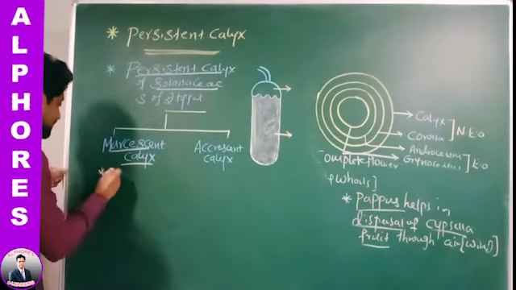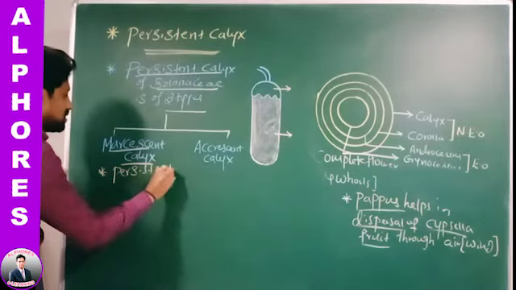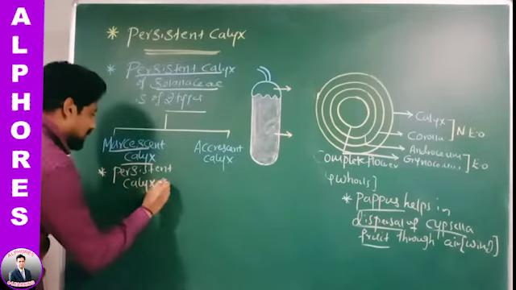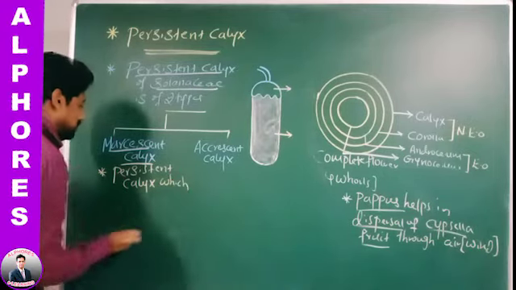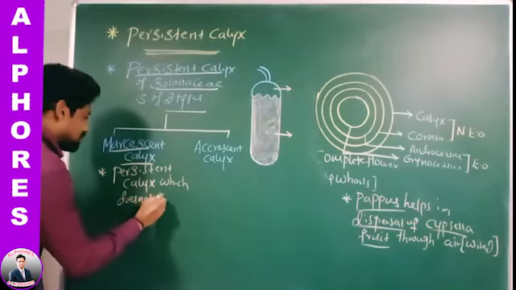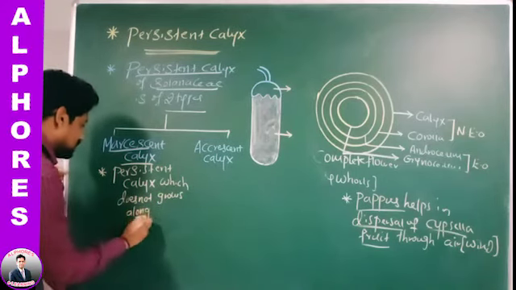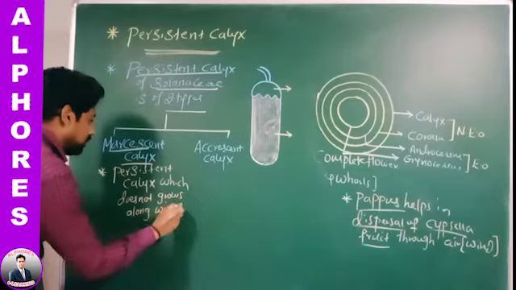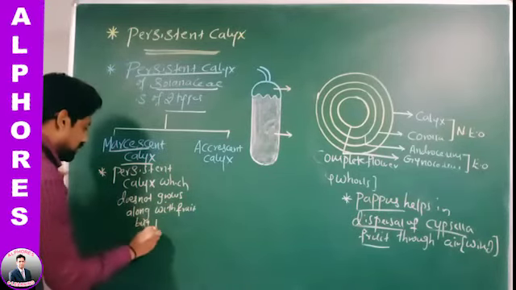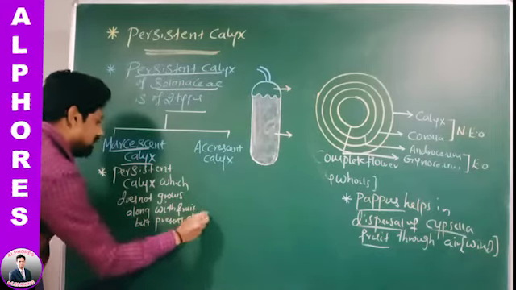Therefore, marcescent calyx means what, sir? Persistent calyx which does not grow along with the fruit but is present along with the fruit.